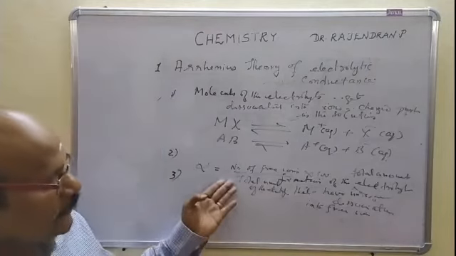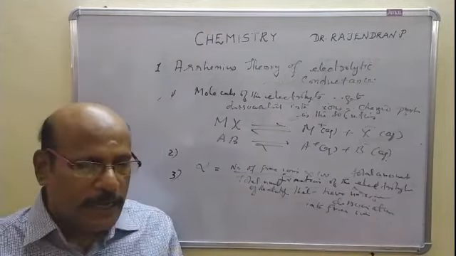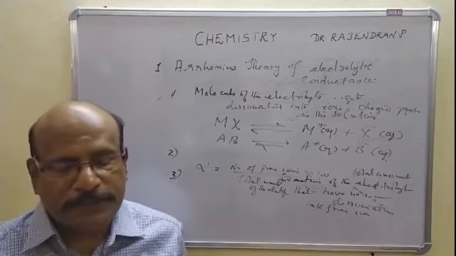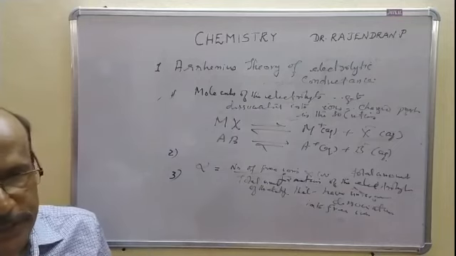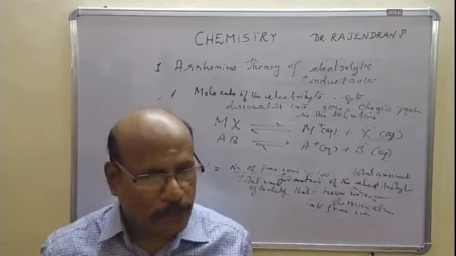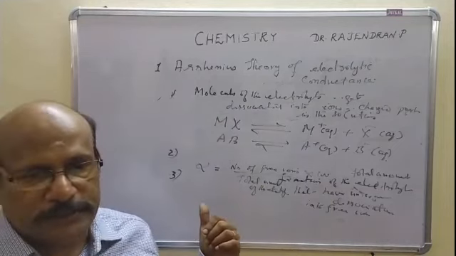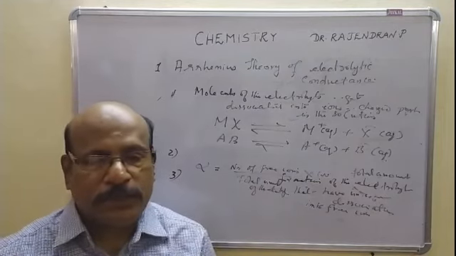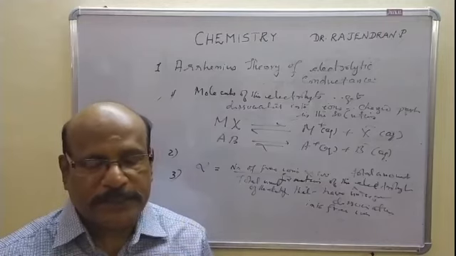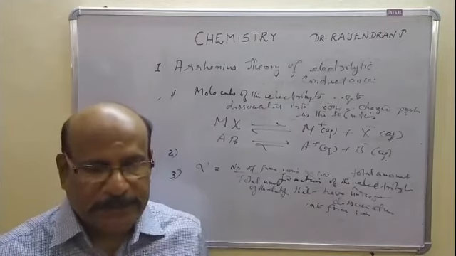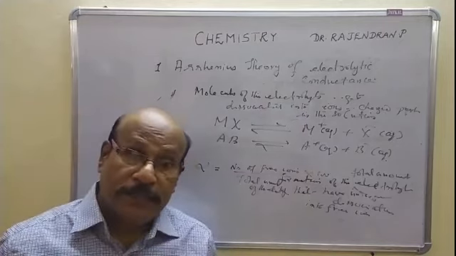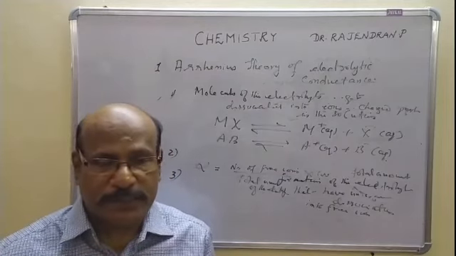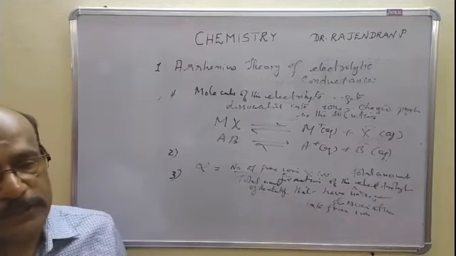That is expressed in terms of the degree of dissociation, and he again says that the conductivity of an electrolyte in the solution is a function of the degree of dissociation, or it depends only on the number of ions present in the solution, assuming that the speed of the ion does not change with the concentration of the solution.